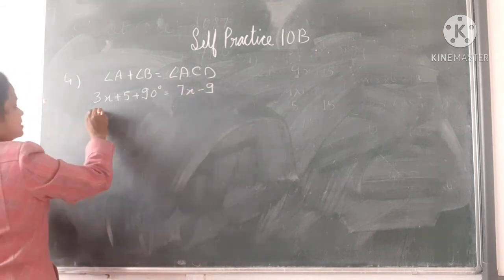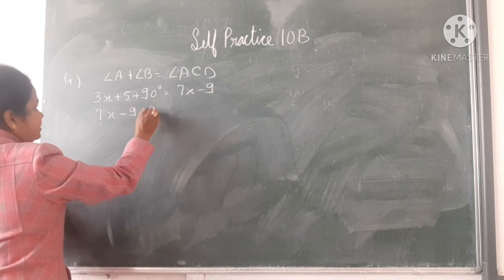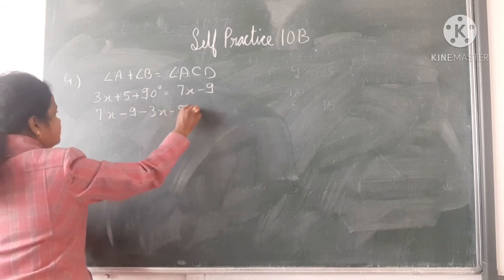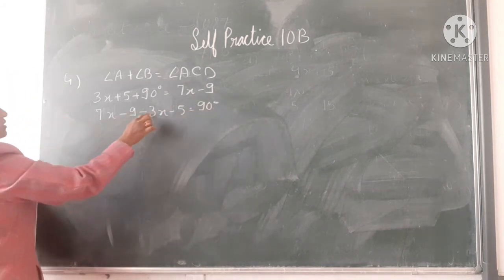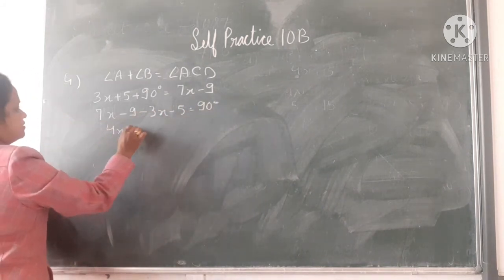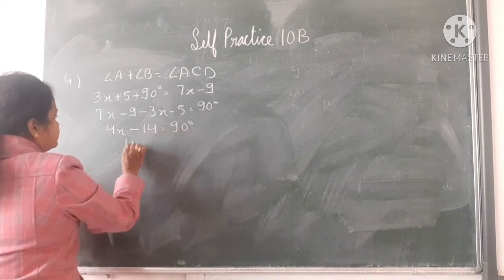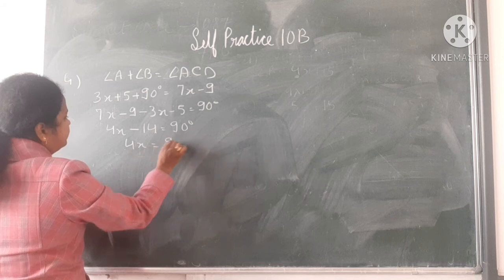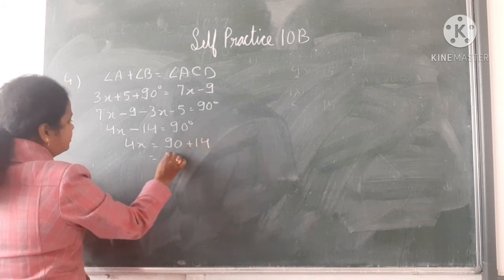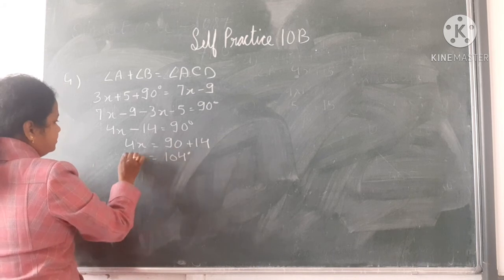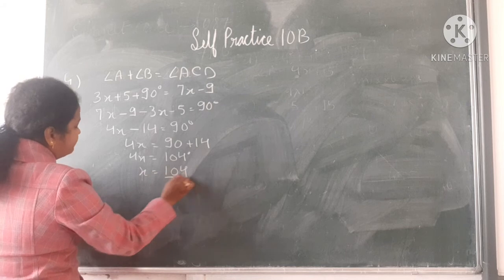Okay, so 7x minus 9 minus 3x minus 5 is equal to 90 degree. The 7x minus 3x, 4x minus 14 is equal to 90 degree. So 4x is equal to 90 plus 14, which is equal to 104 degree. So x is equal to 104 divided by 4.